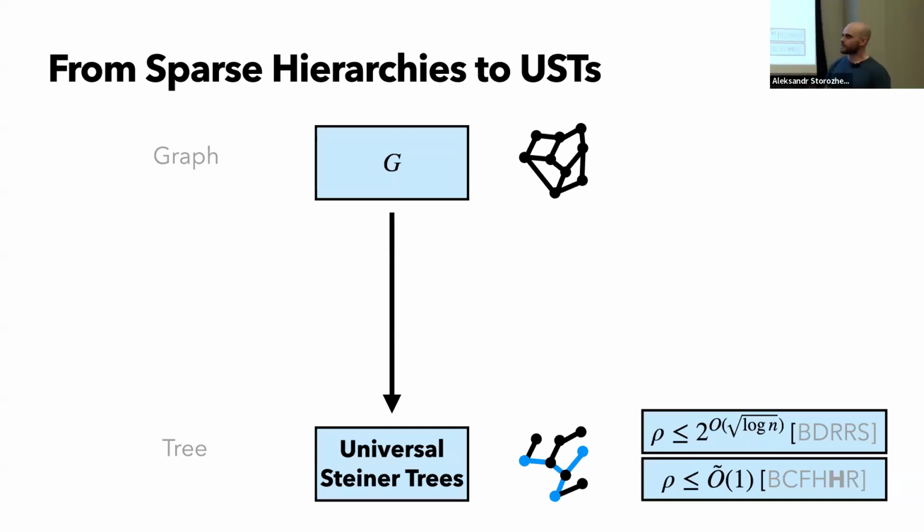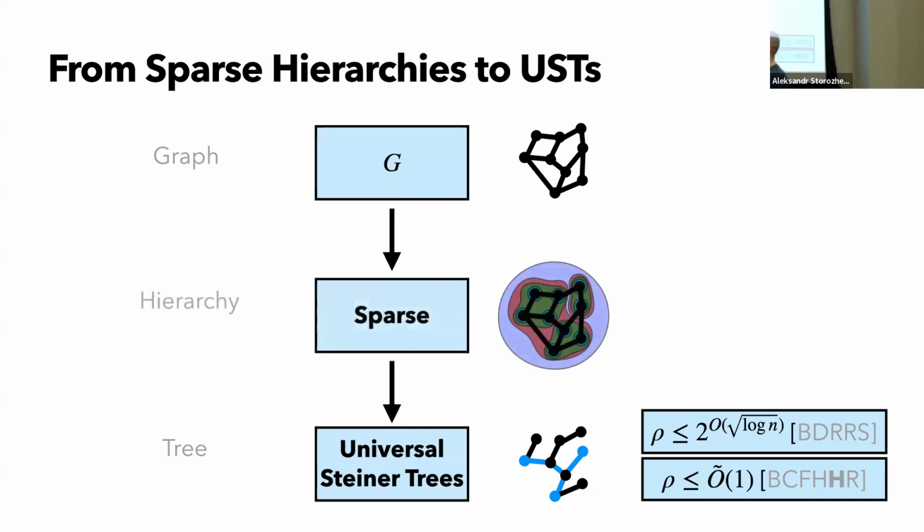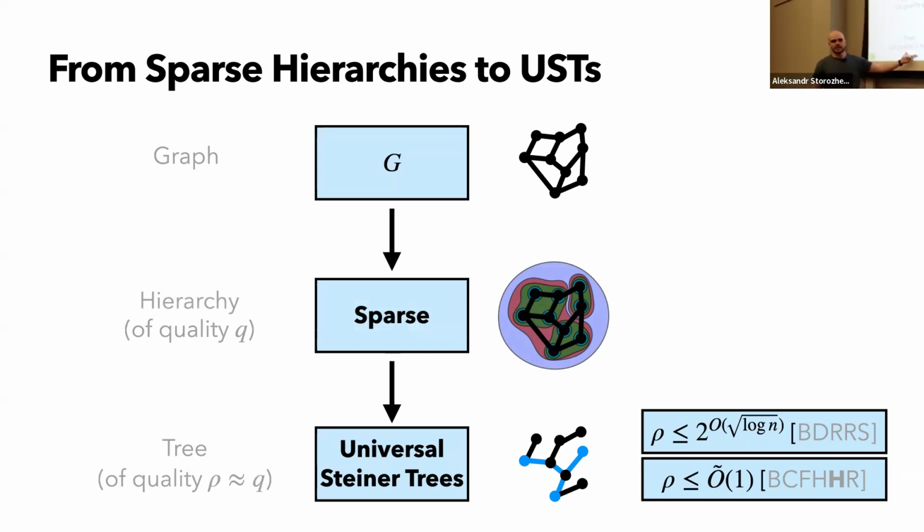And the way that we gave these things is we didn't just go from the graph to the tree in one shot, but rather we went through an intermediate step of some kind of vertex hierarchy. In particular, both prior work and our work take our arbitrary graph, construct some kind of hierarchy on the vertices, and show that if you can come up with a hierarchy of some quality, say Q, then you can come up with universal Steiner trees of basically the same quality, with some small polylogarithmic loss.